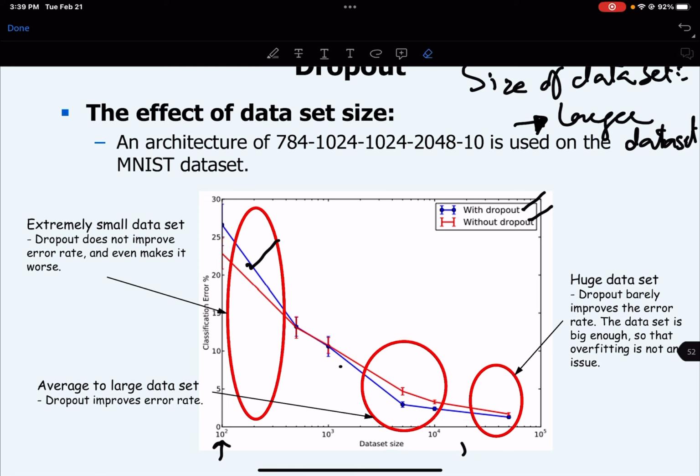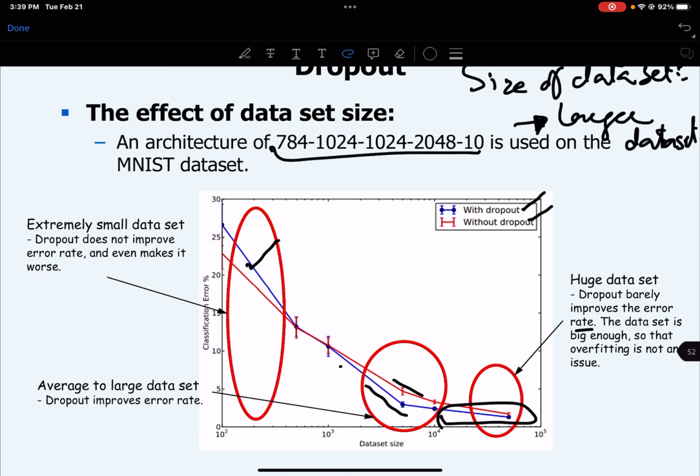For a larger data set, the classification error with dropout is less than for the network without dropout. We conclude that dropout barely improves the error rate with a very large dataset size. We can even say that the data size is big enough so that overfitting is not an issue here.